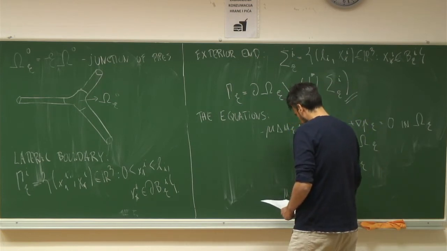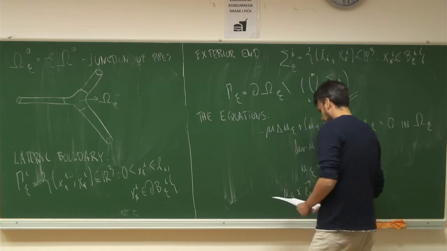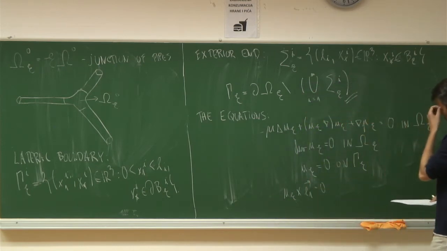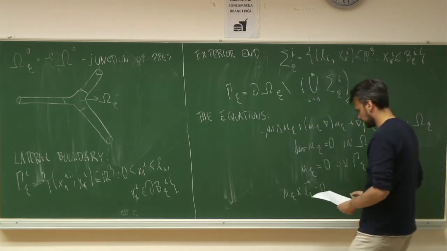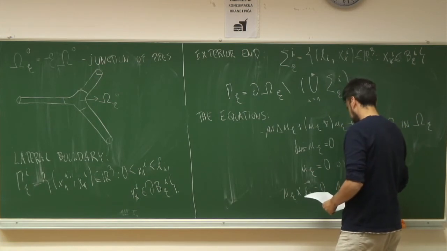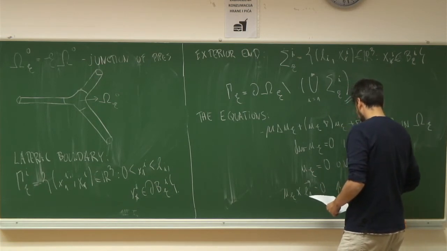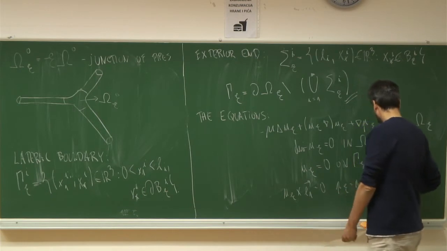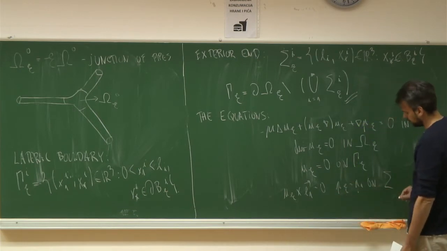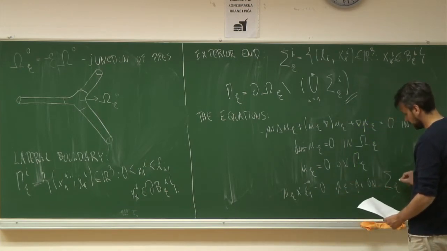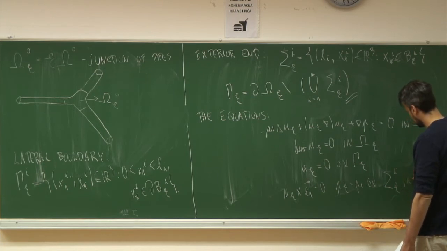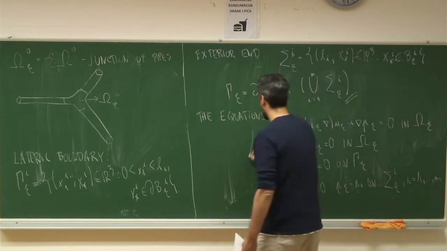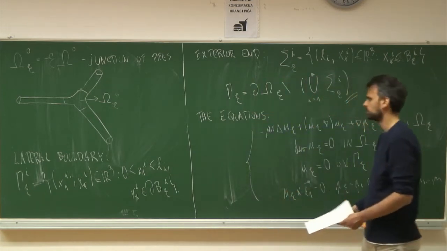This is one way you can pose it. So you have the cross product of u epsilon and e1 to be 0, and p epsilon is pi. So you have the pressures given on the exterior end. So this is all you can check in the paper, but I think we also had this kind of condition before.